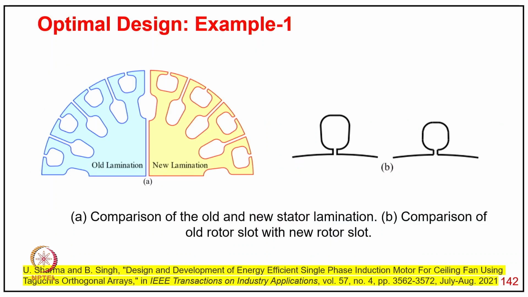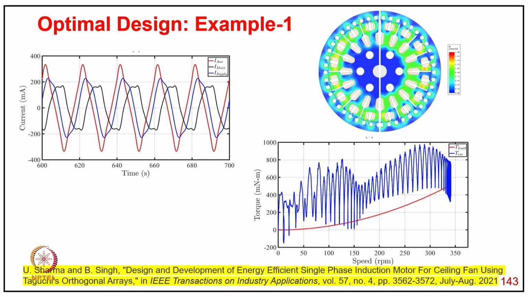The comparison of old and new stator laminations, comparison of old rotor slot with new rotor slot. You can see the old lamination and new lamination, how it is modified, and similarly the old rotor to the new rotor. And then typically the performance: the current in main winding, auxiliary winding, and supply current, and the torque characteristic of load as well as the motor.